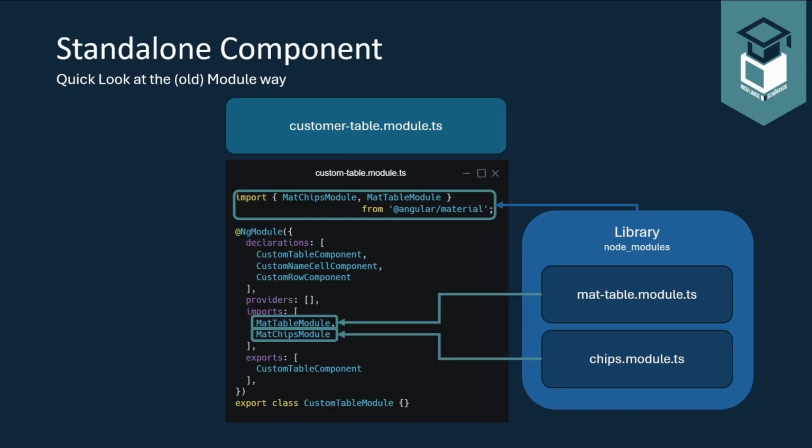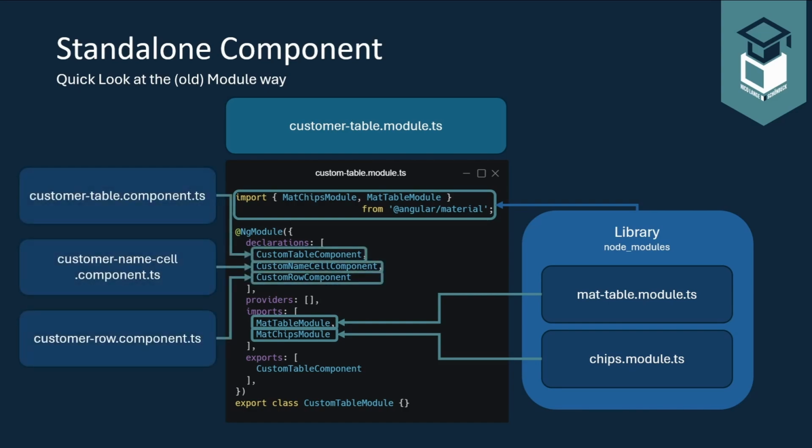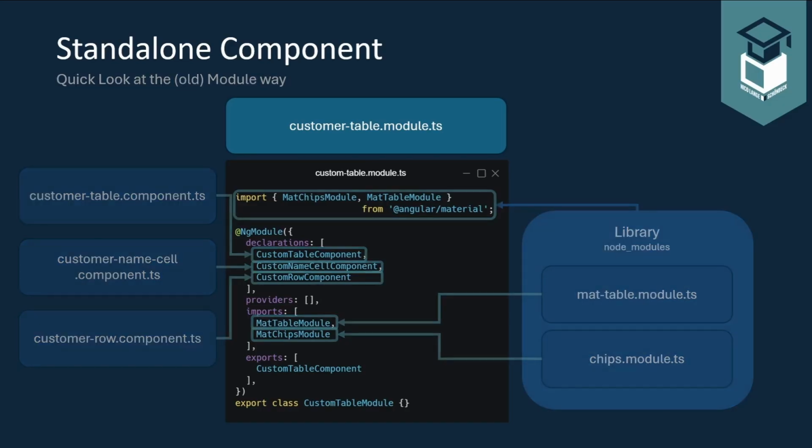But in that example we're importing some modules from Angular Material, so you have already seen that there is some stuff that you're importing from libraries, and it could also be a module that you're importing in your custom table module for that example here. And all together you can see there we're defining different parts of the application, from the libraries to the own project definitions, in the module.